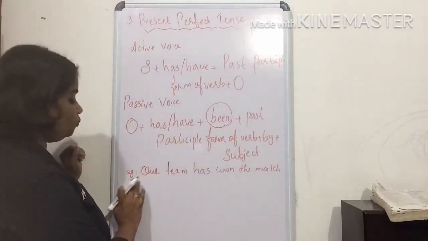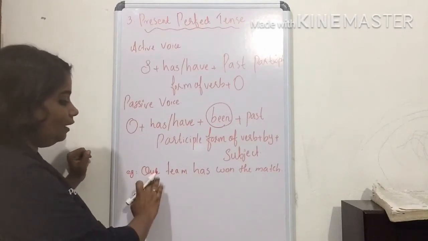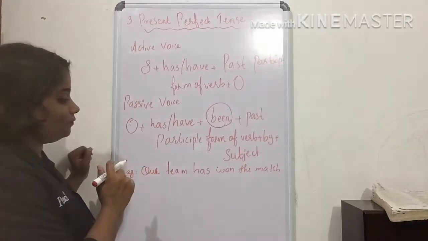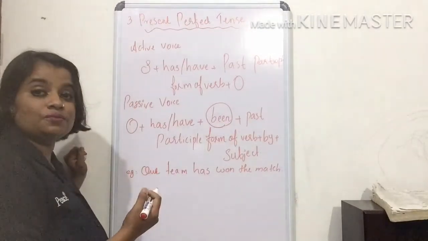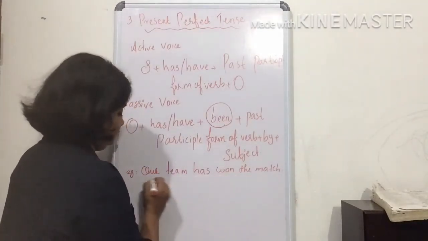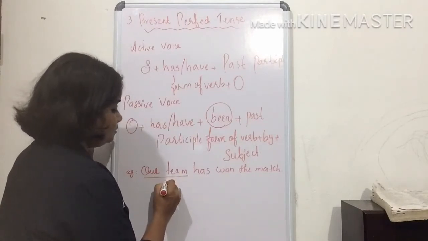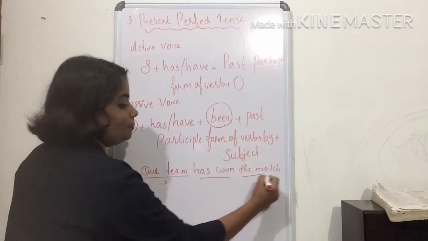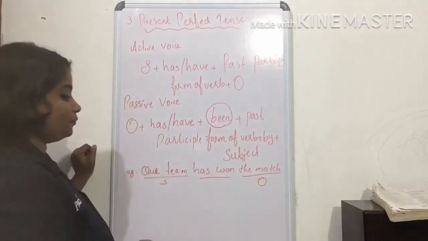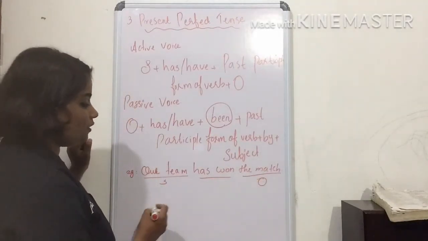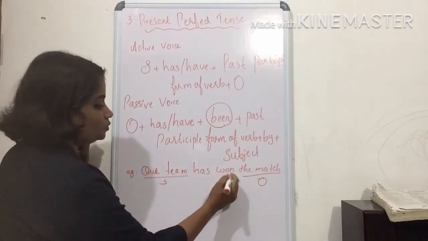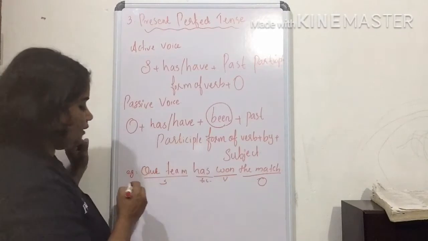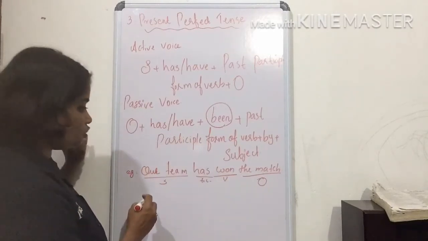Okay, so you can see the example over here. Our team has won the match. Okay, so how to transform the statement? Our team is the subject, has won is the verb, the match is the object. Okay, so try to find out the match.